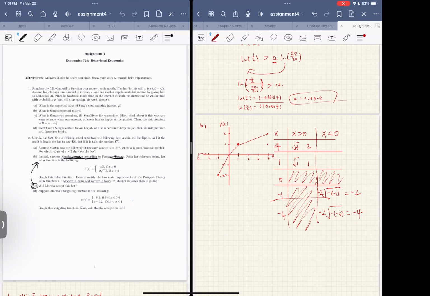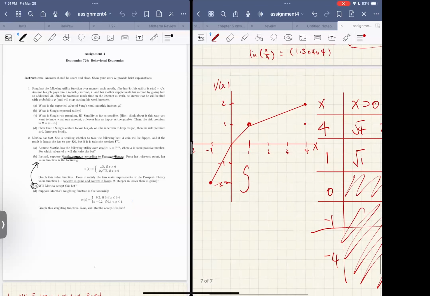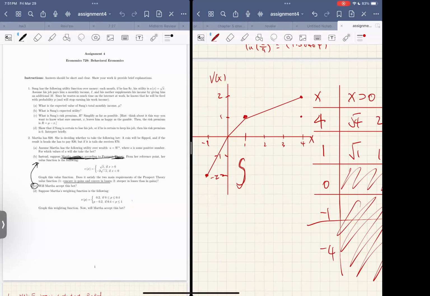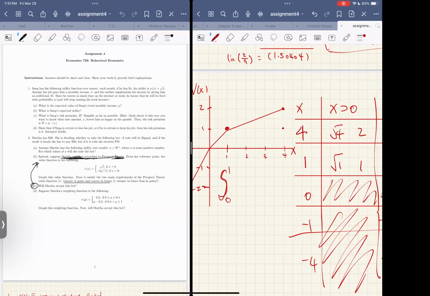I'm basically averaging. It's the integral from 0 to 1 of the square root of X. I'm basically doing that. Anyway, you get the point.